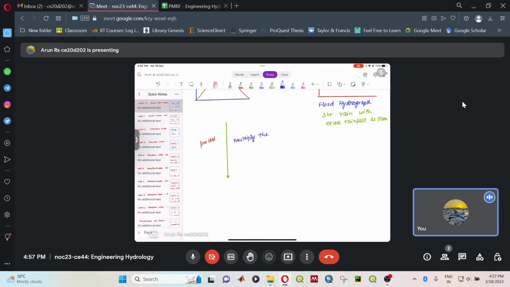So multiply the ordinates by the excess rainfall. In this case, you will be doing multiplication with 5.